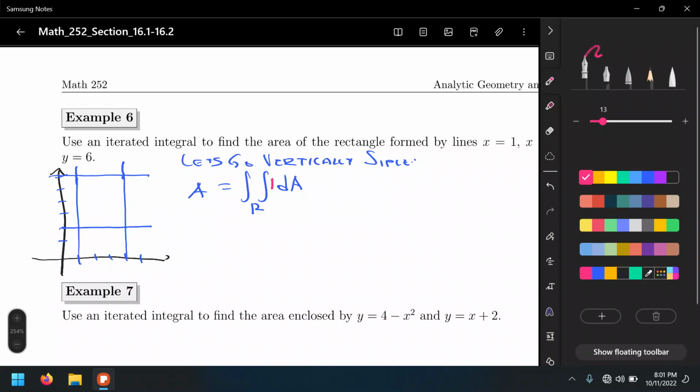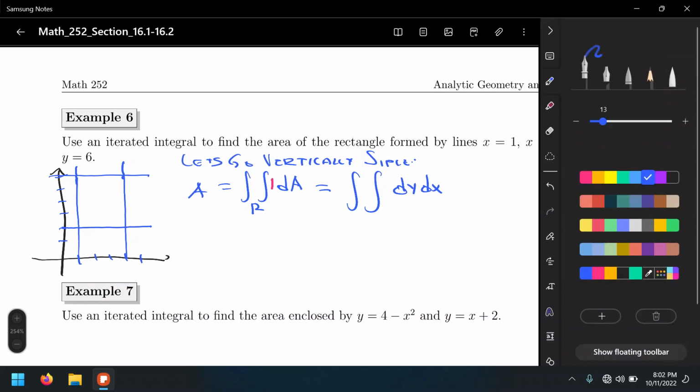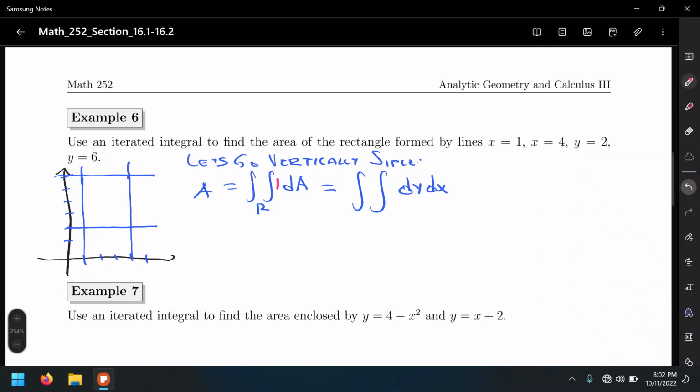In that case, that's an integral representing volume, which we're going to look at next. It has to be a 1 to represent area. Since we chose to go with vertically simple, that's going to be y first and then x. So let's look at the limits of integration first with respect to y. In the y direction, we're going to go from 2 to 6.